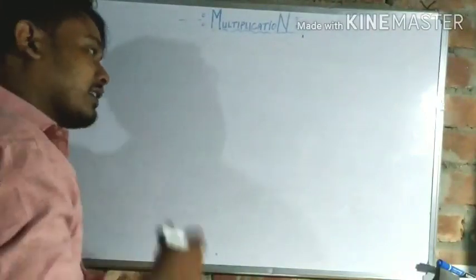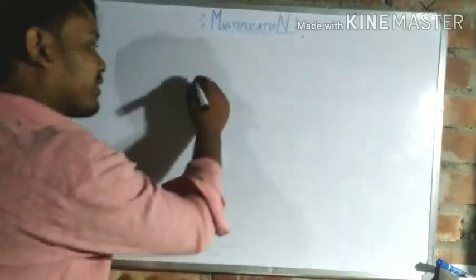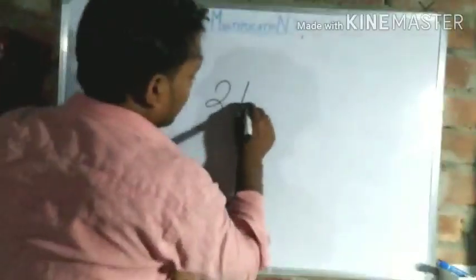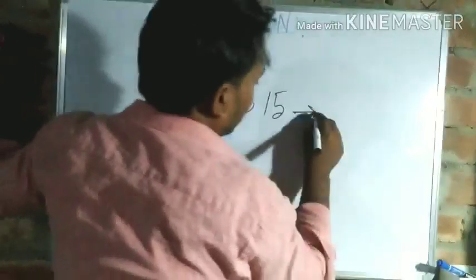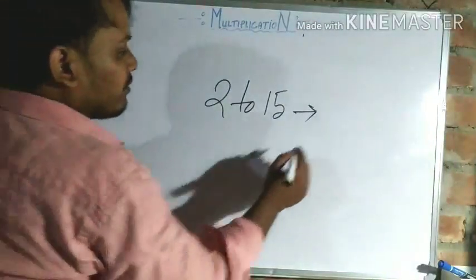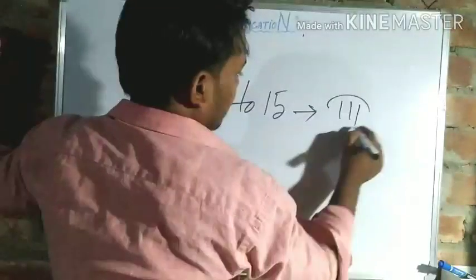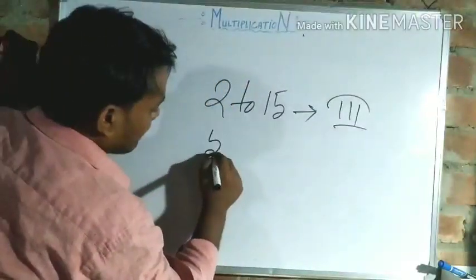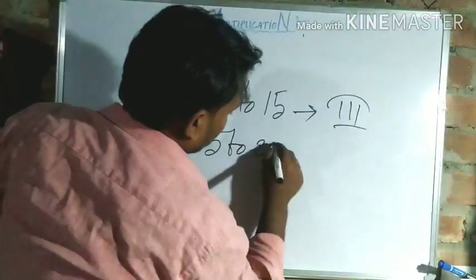Homework. Today I will not give the homework. Only homework for you, the multiplication table of 2 to 15. That means 2, 3, 4, 5, 6, 7, 8, 9, 10 up to 15 for class 3, and for class 4 it is 5 to 20.